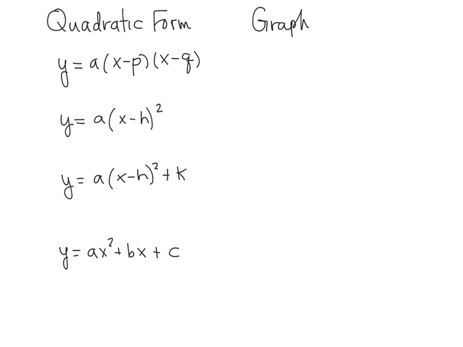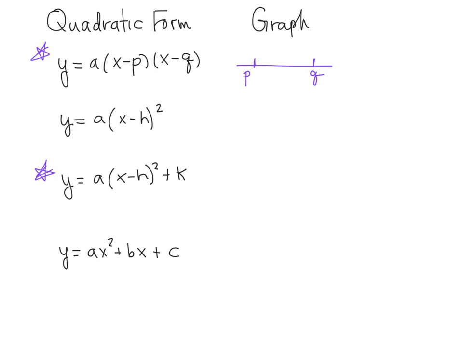There are different ways to write a quadratic function, and according to it, there are a number of different ways that we can graph it. The most famous ones being number 1 and number 3, but we'll look at all 4 cases. If y is equal to a times (x minus p) times (x minus q), we know that the values of p and q on the x-axis are where the zeros are going to be.